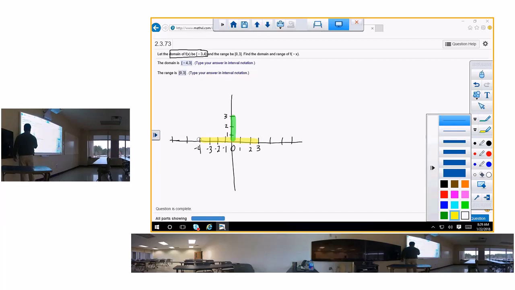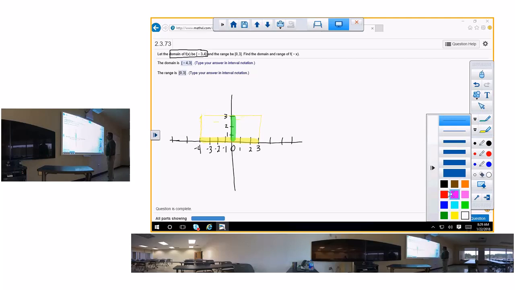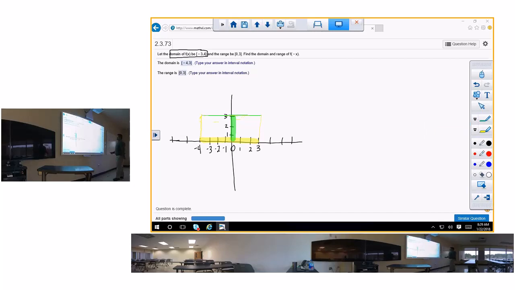That means that if I draw a graph, it's going to be in this area, where the domain is -4 to 3, and the range is 0 to 3. So it's got to be in that window. Now, that's if they want you to draw in that window.